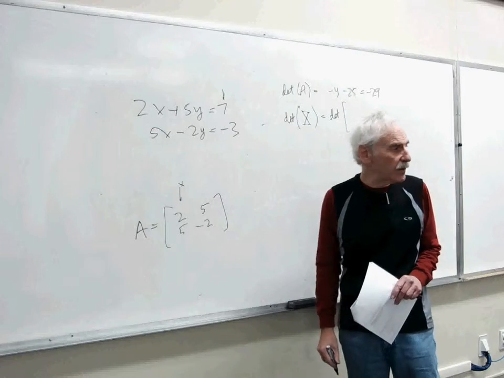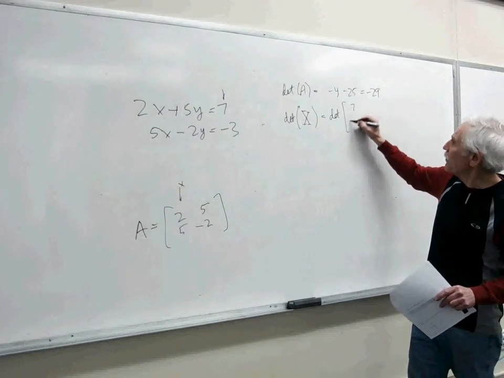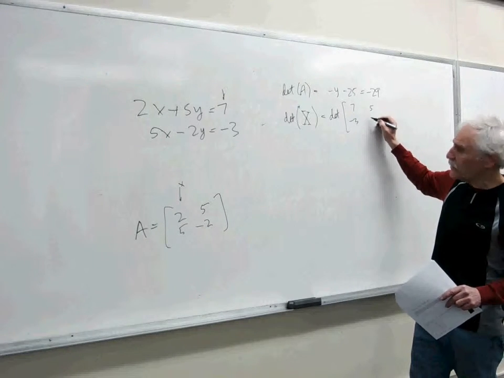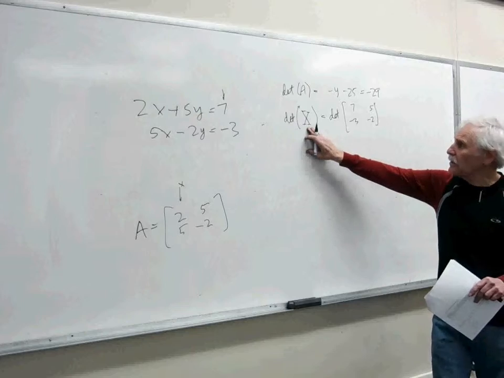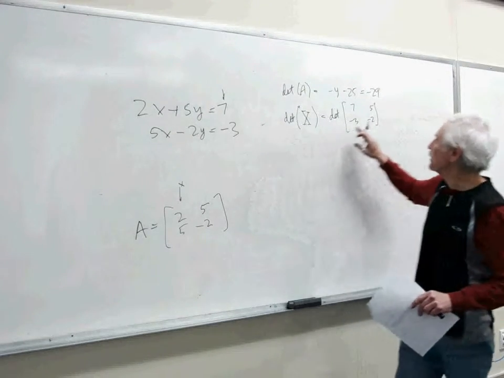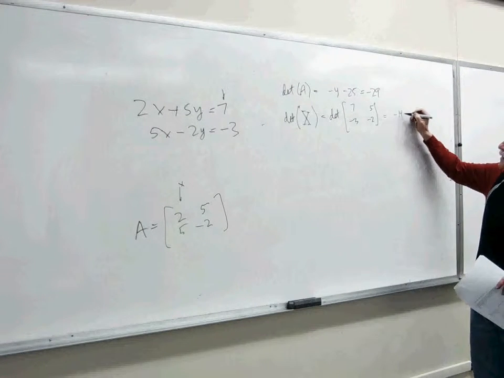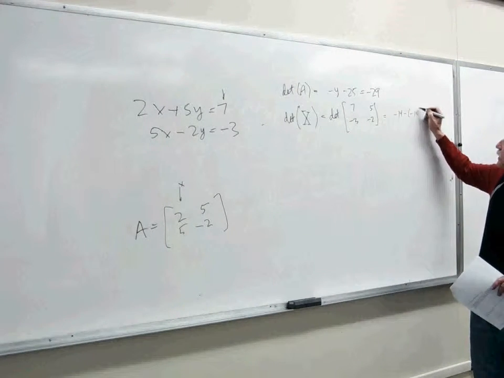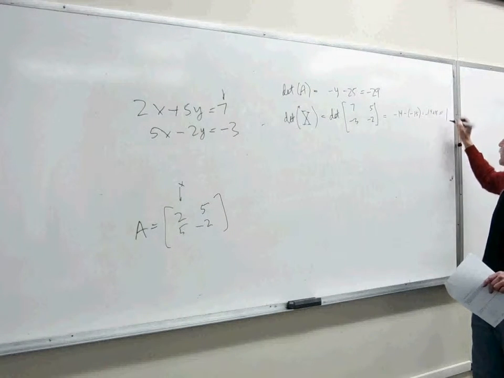That's what Cramer found out. So I'm going to write this as 7, minus 3, and then the Y column stays the same. And now I calculate the determinant. That's minus 14 minus a minus 15, which is minus 14 plus 15, which is 1.